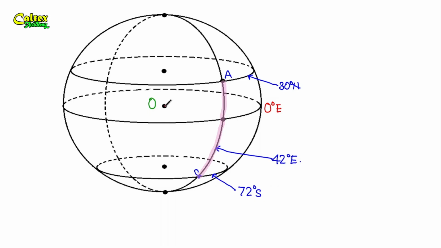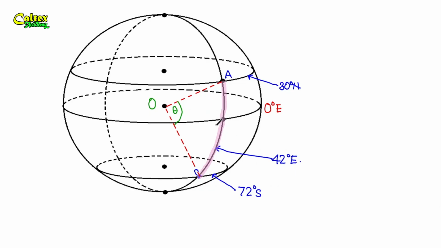So for us to get the angle difference, we also need to join point O to A. We also need to join point O to point C. All right, so this angle difference, theta, is located between these 2 points that are in different hemispheres, that is the northern and the southern hemisphere.